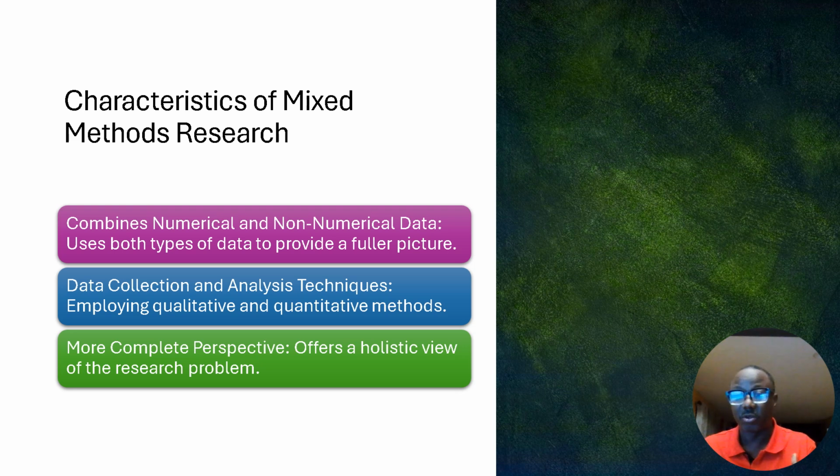So you can use both qualitative and quantitative methods to analyze your data. With that, it gives you a complete perspective. It offers a holistic view of the research problem, your research question, and gives you an understanding of which direction you go in with the study.